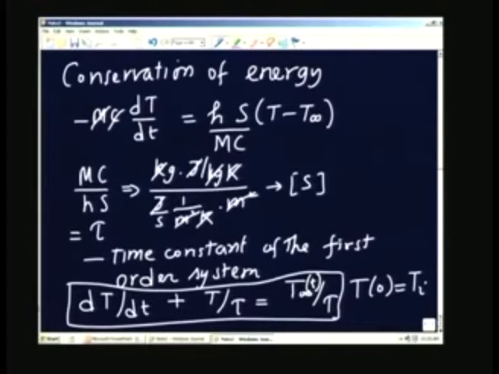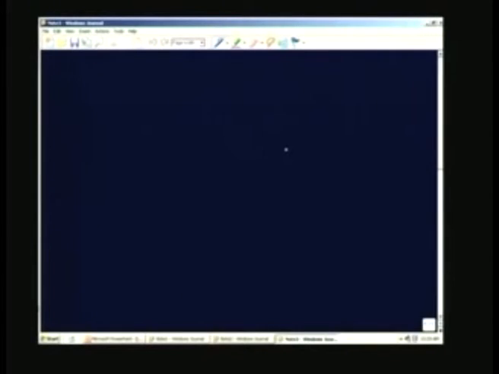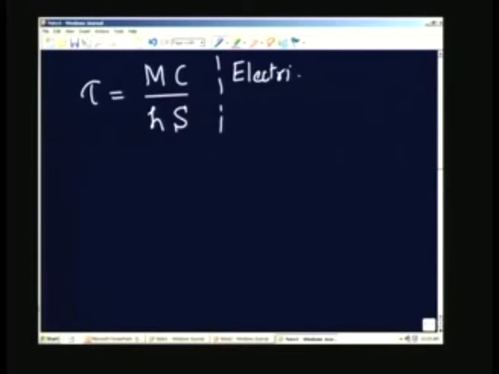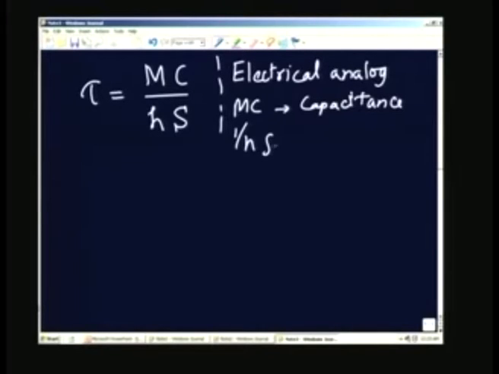So, before we proceed with the solution, let us look at some other details, essentially the quantity tau, which we have just seen is nothing but mc divided by hS. If I look at the electrical analogy, mc is like the capacitance and 1 over hS is like a resistance.